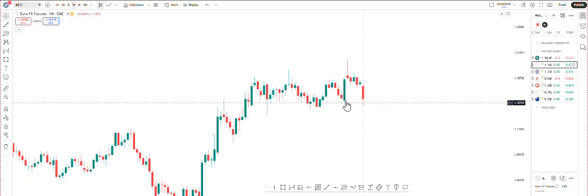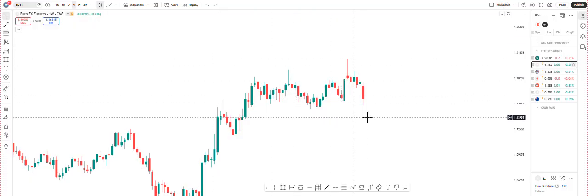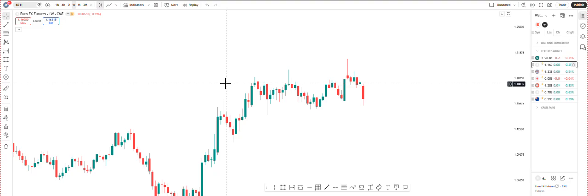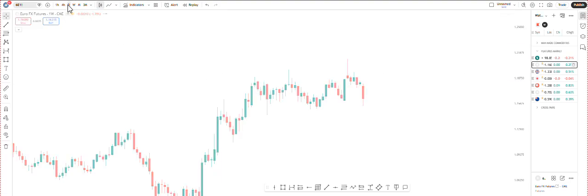You'll notice that for the weekly time frame, we got a rejection that made us close above this weekly demand area.